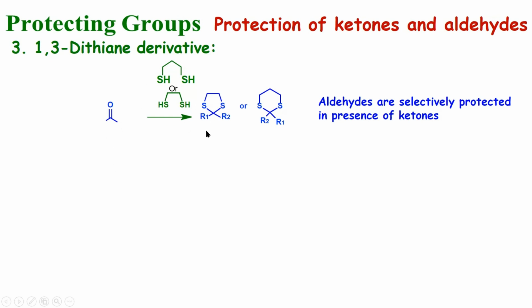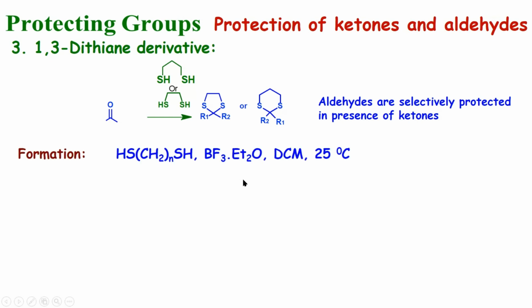I will protect in the form of dithianes by using either 1,3-dithiols or 1,2-dithiols. The reagent used is dithiol in the presence of boron trifluoride diethyl etherate and DCM as solvent at 25 degrees centigrade. At room temperature, it can be formed easily.